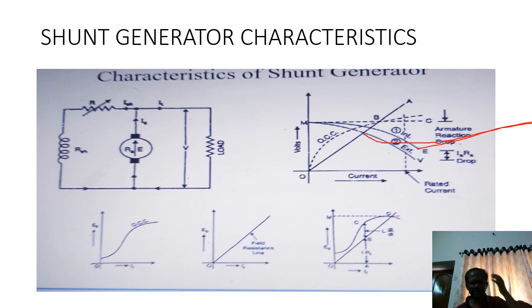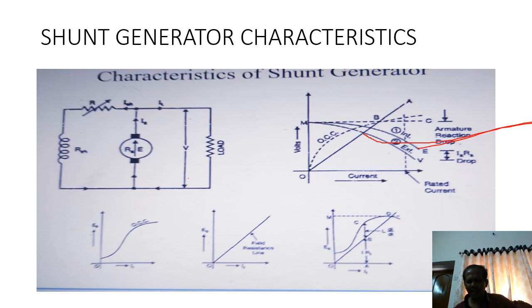Next condition, due to the effect of the armature current, IA RA, this is the graph. We will get the IA RA drop versus armature current.